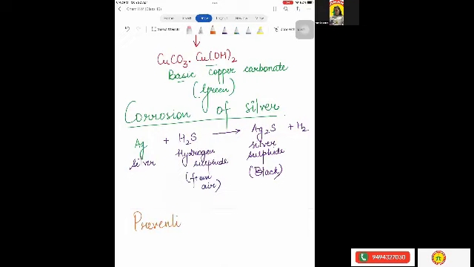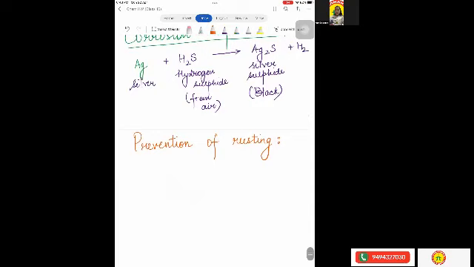The first and most basic thing which anybody can apply is the application of oil, paint, or grease.